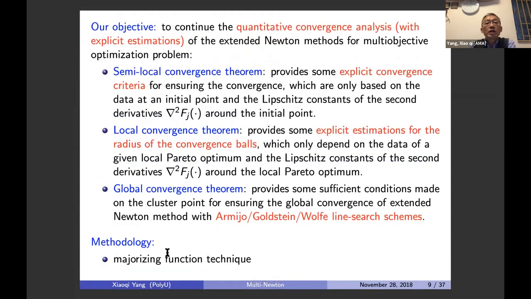What we're going to do here is assume, as I mentioned, the L-average Lipschitz condition, which is a weaker condition. In that way, we can have a more explicit convergence criterion to ensure the semi-local convergence. Second, for the local convergence, we can exactly estimate the radius, so we can find out how large it is, though it depends on a number of parameters.